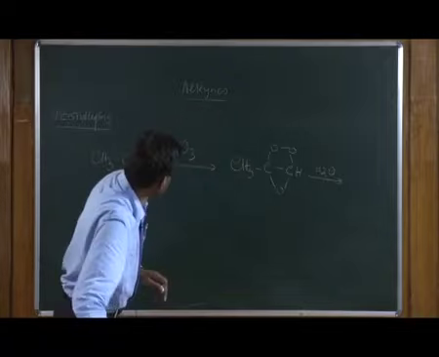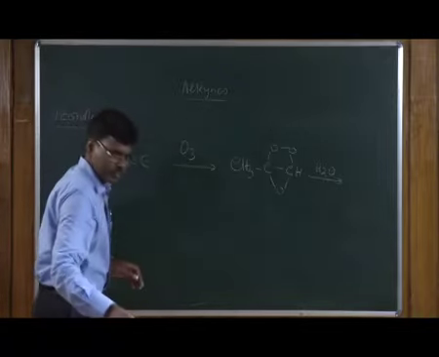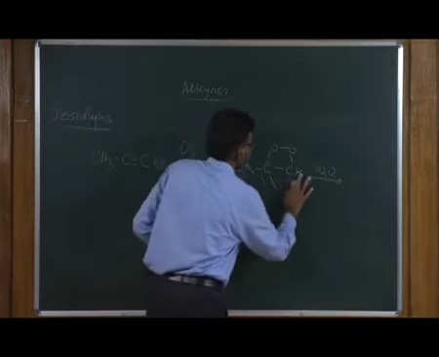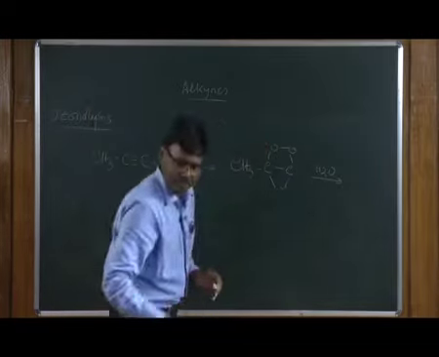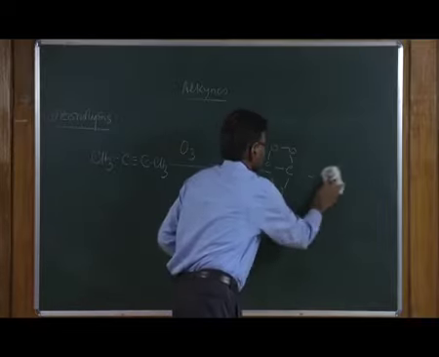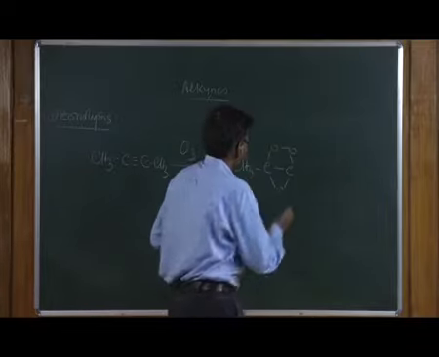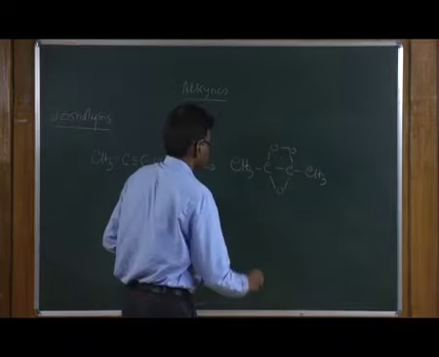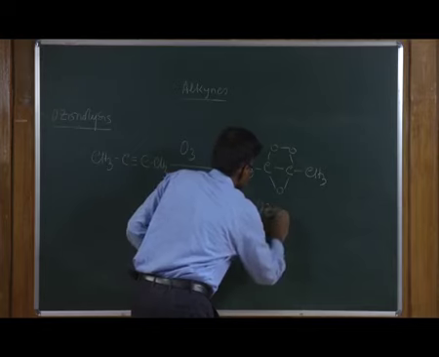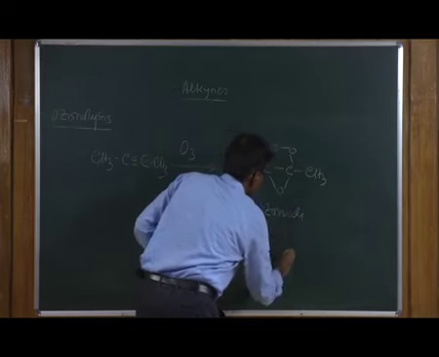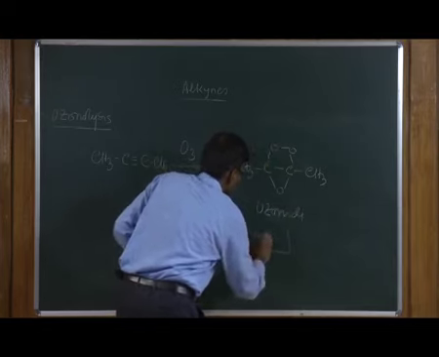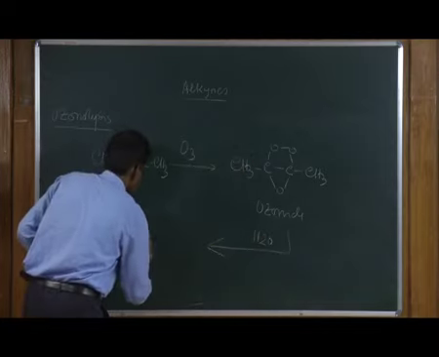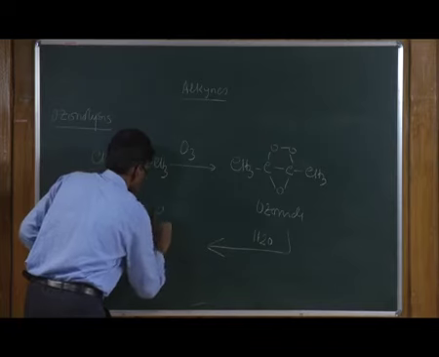Let us take 2-butyne. You can get this ozonide intermediate. When you react this with water, it can undergo cleavage to give this diketone.